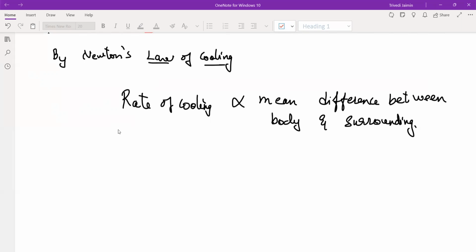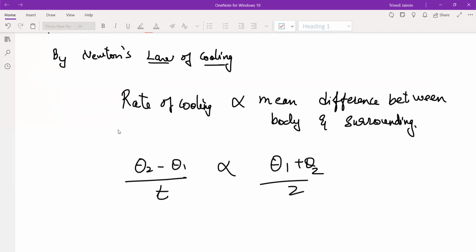So there we wrote theta 2 minus theta 1 by T for the rate of cooling. Rate means divided by time. It is proportional to theta 1 plus theta 2 divided by 2, because we need to find the mean.